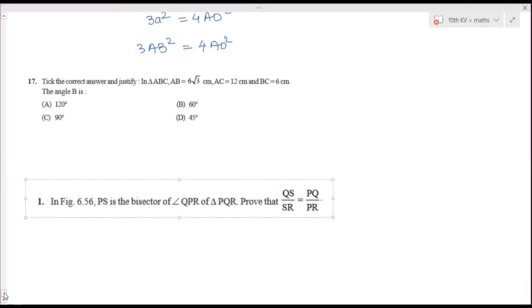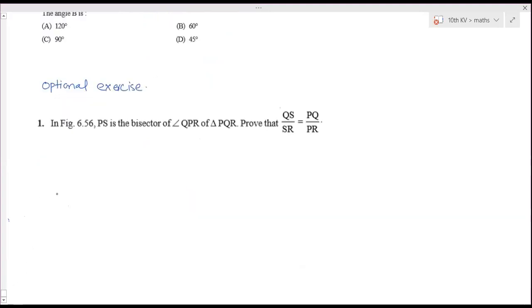Next is optional exercise 6.6. Figure: it's the normal triangle PQR.